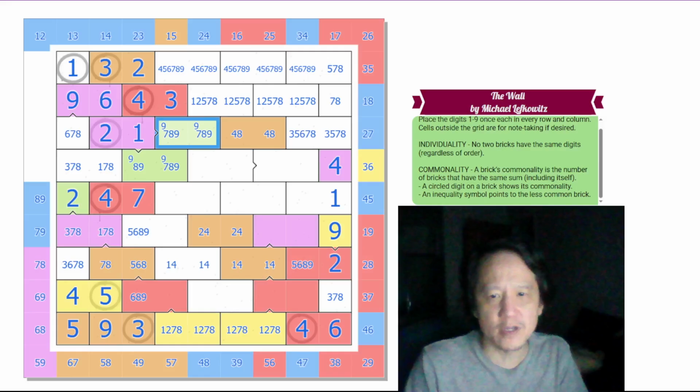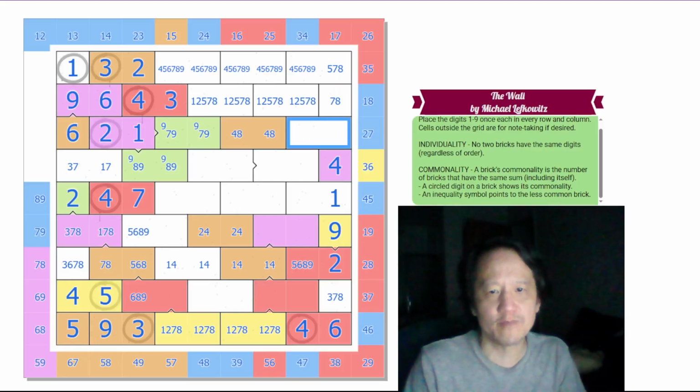This cannot be 8. This is a 7 9 pair, which eliminates 7 9 as a possibility. So this is 8 9, which means this can't be 8. This can't be 7. This can't be 8. This is a 6. 6 is 3 commonality, which works. So this must be a 3 5 pair here, which is then 4 commonality. This can't be 6.